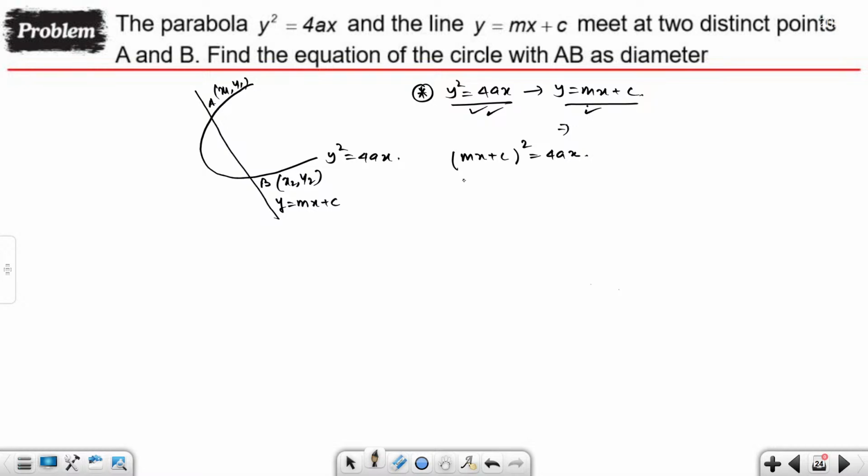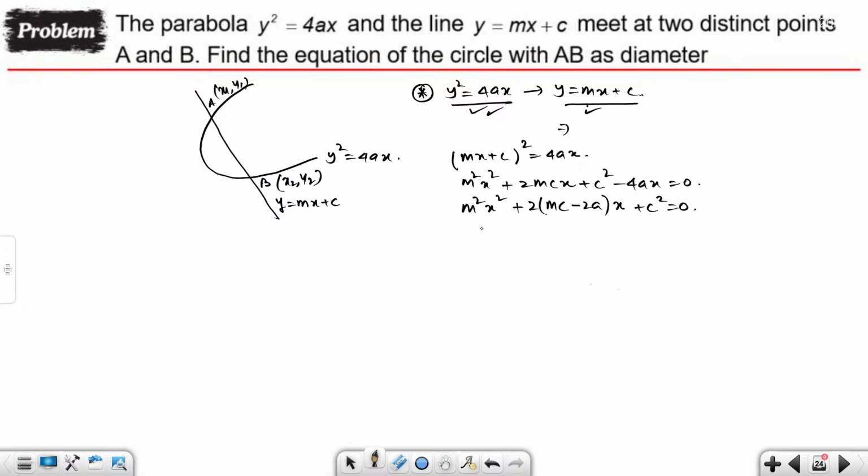So you get m square x square plus 2mcx plus c square minus 4ax equals 0. So m square x square plus (2mc minus 2a)x plus c square equals 0.